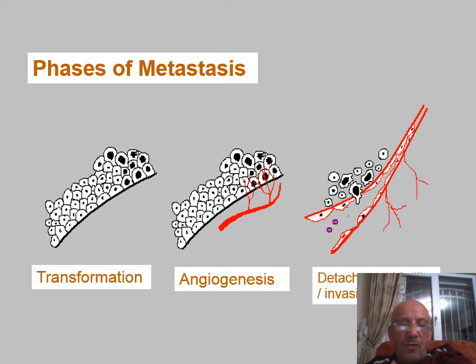The importance of this is that it has something to do with chemotherapy. Some of the chemotherapeutic agents work on different types of the cycle. Some of them work on specific phases of the cell cycle.